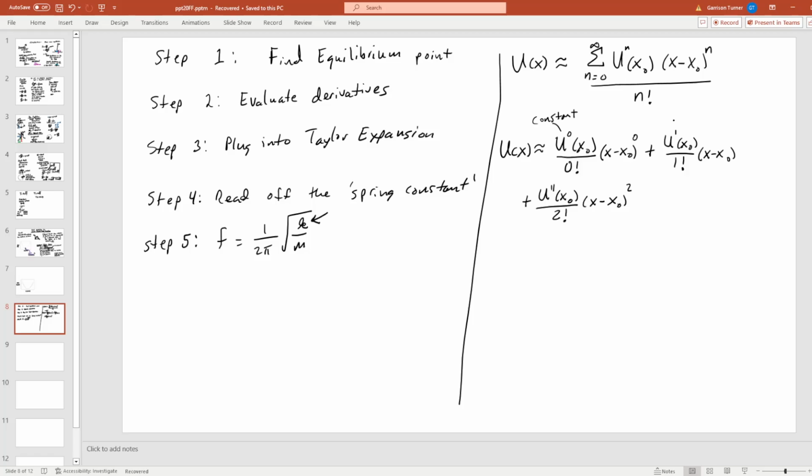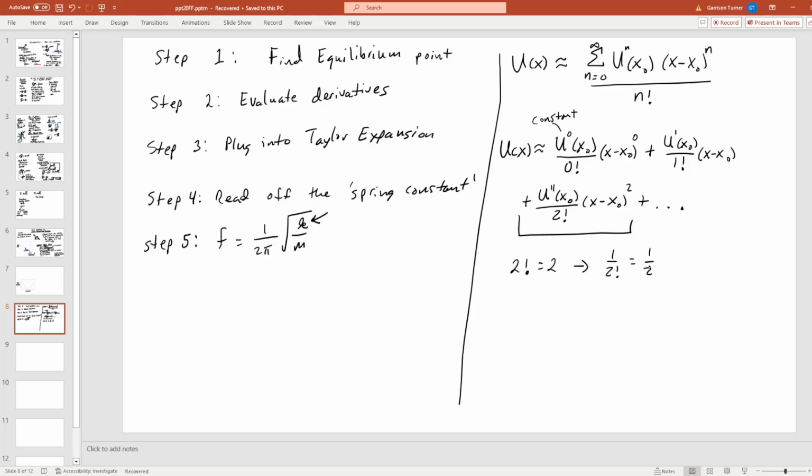Okay? Now, this goes into higher order terms, but the entire idea is this term right here. 2 factorial is equal to 2. So 1 over 2 factorial is the same thing as 1/2.